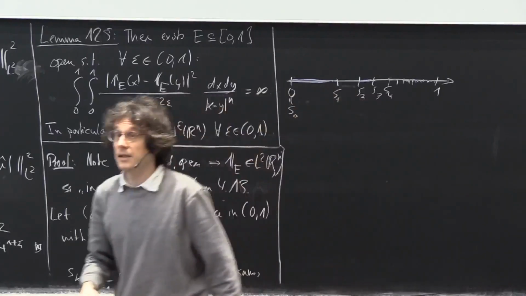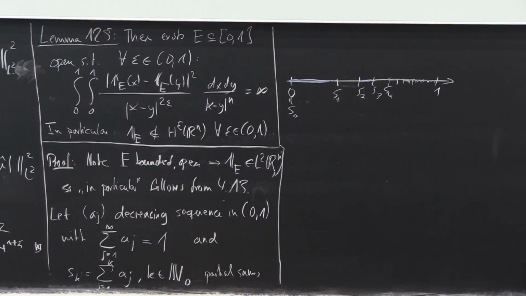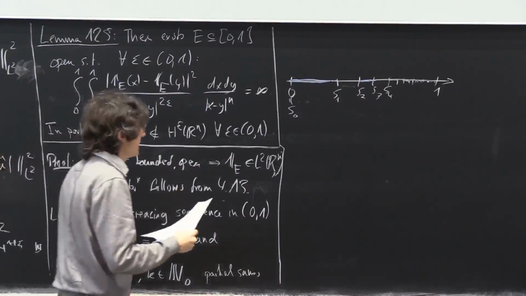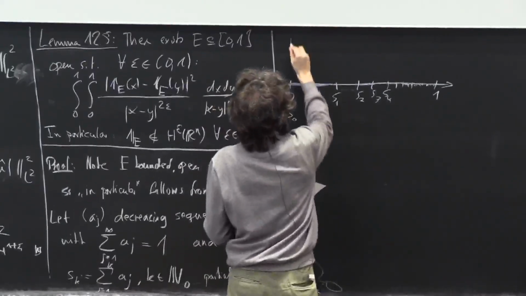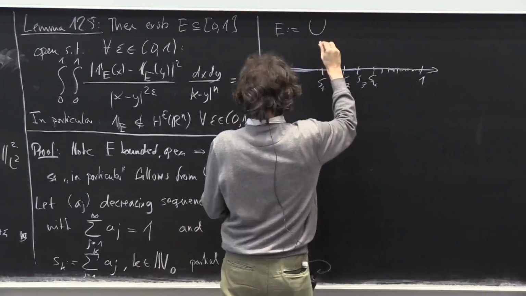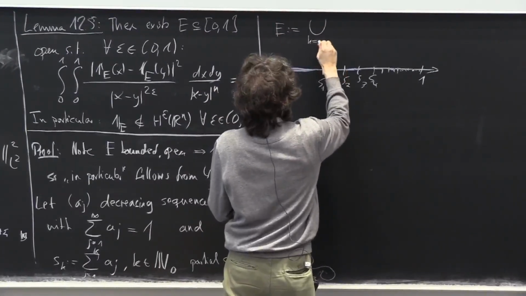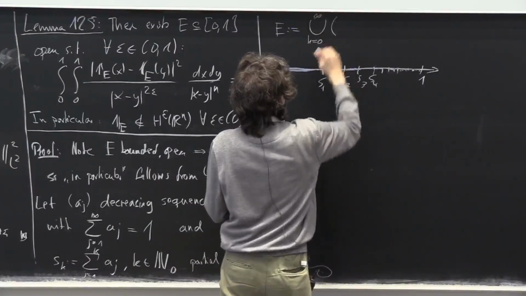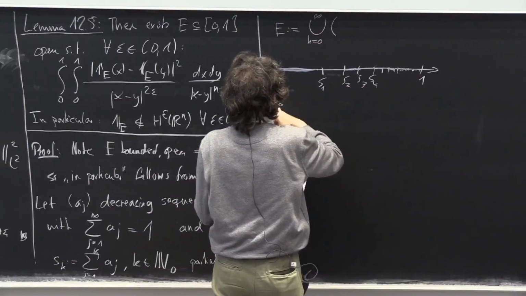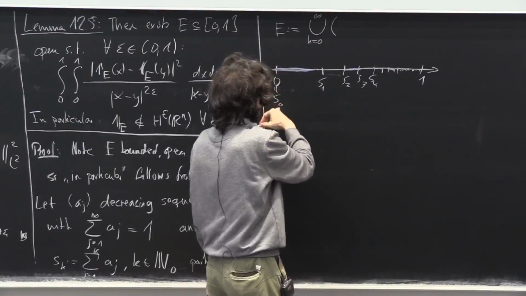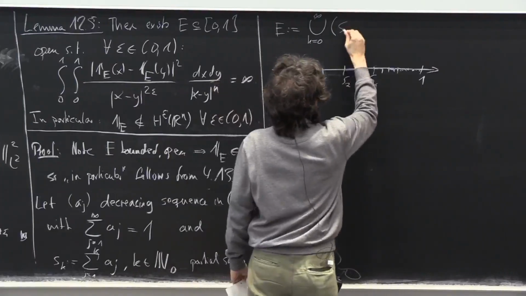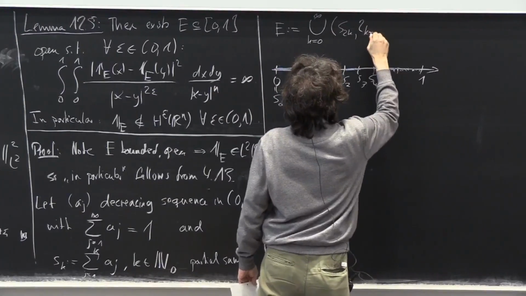So this is my set E. My set E is the union for k going from 0 to infinity of all open intervals that you get if you start with a partial sum with an even index, so s_2k to s_2k+1.